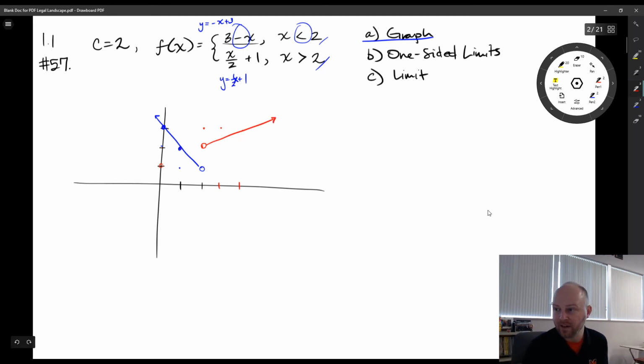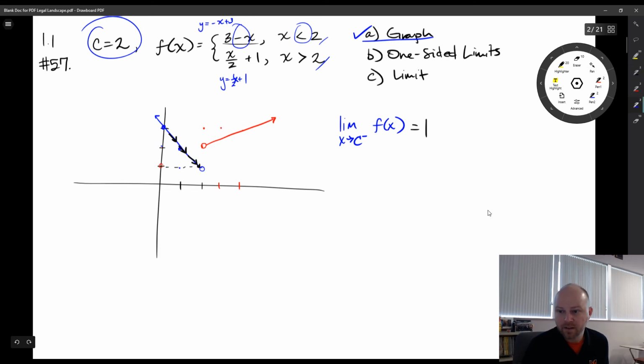Okay, so we have the graph. Next up, we've got the one-sided limit. So what is the limit as x approaches the constant value c from the left of this piecewise function? So from the left, we are heading toward a y value of 1.